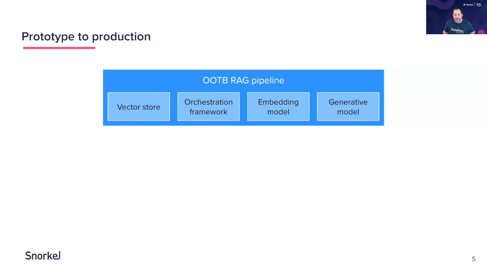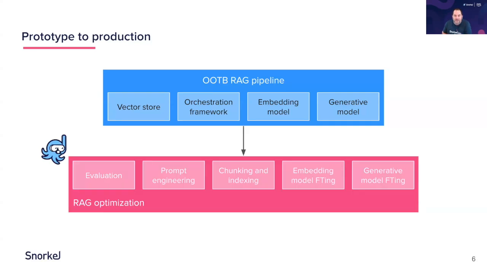But typically, there's a gap between this initial standing up of my pipeline and something I can run in production at scale. And that's where Snorkel comes in. So you're looking to begin optimizing different parts of this RAG pipeline. I'm going to touch on evaluation today. We're not going to spend much time on prompt engineering and chunking, but we do have recordings of past RAG webinars where we dive deeper into things like chunking and indexing and how those improve retrieval.